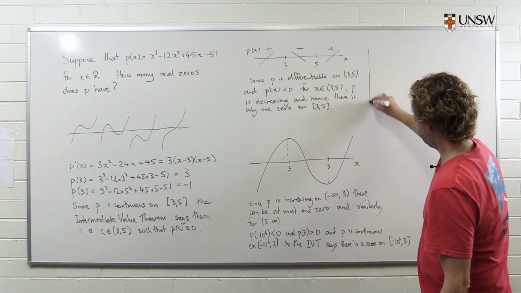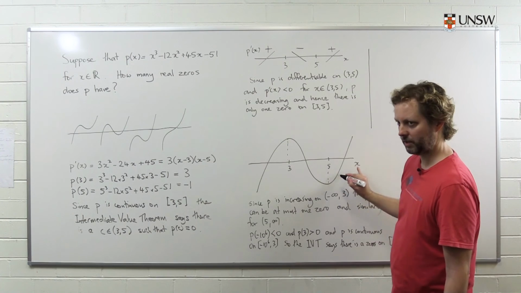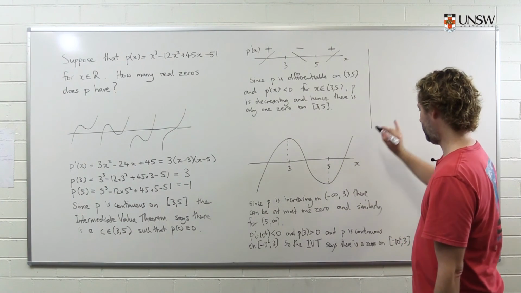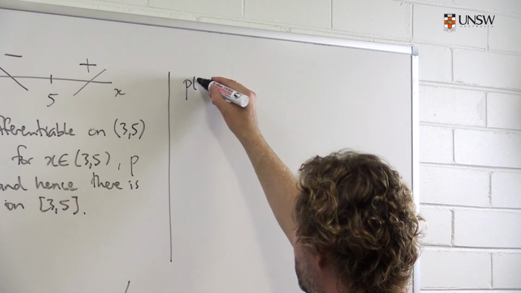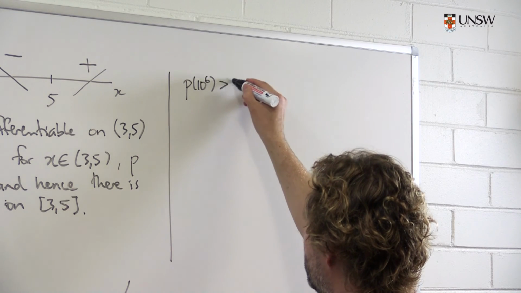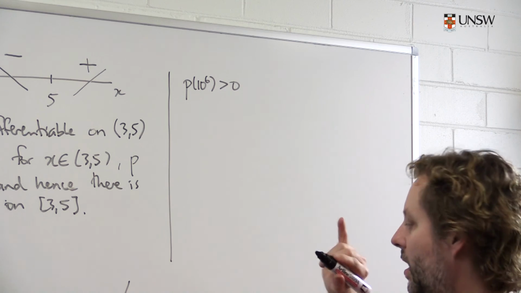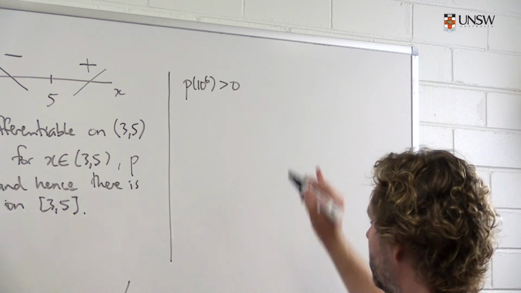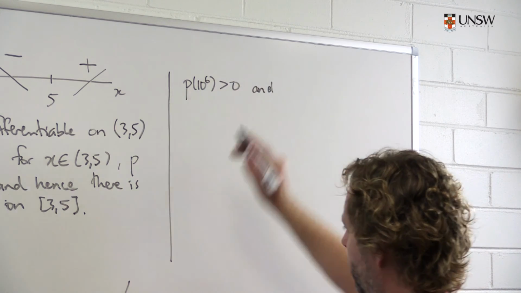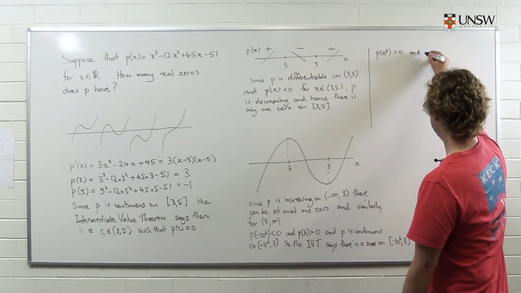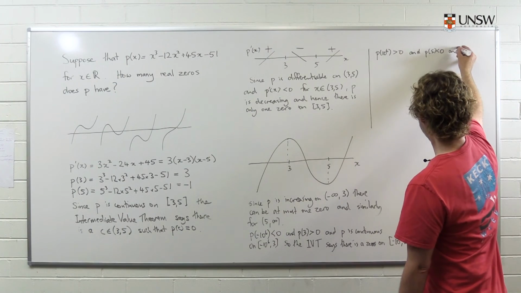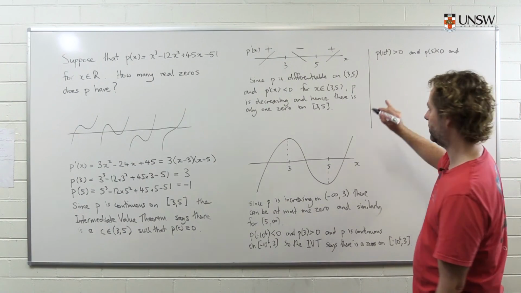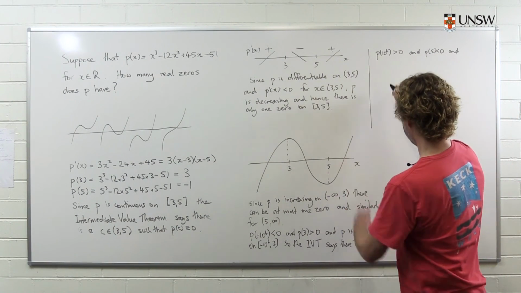And we now just need to consider what happens over this side. And so again, notice that p of 1 million is definitely a positive number. We'll just repeat the same argument. And so that's somewhere way out here. P of 5 is negative. And p is continuous on the interval between those 2 points.